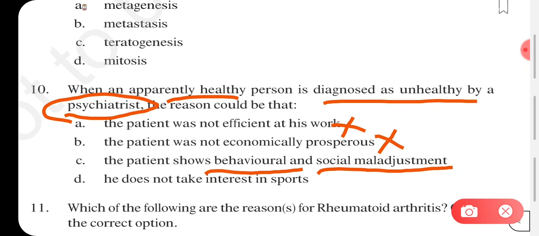Not taking interest in sports has nothing to do with any health conditions, so it cannot be the answer. Not being efficient at work may indirectly be affected, because if you are socially and emotionally not fine, then maybe your working efficiency gets affected. But here the most correct answer will be this one, where the patient shows behavioral maladjustment.